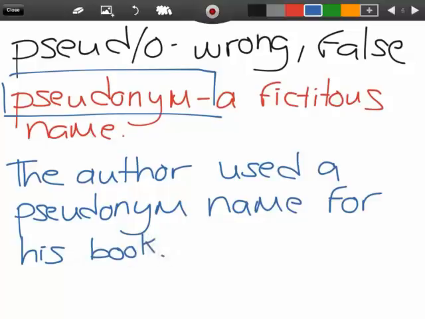I'm going to read that to you. The author used a pseudonym name for his book.